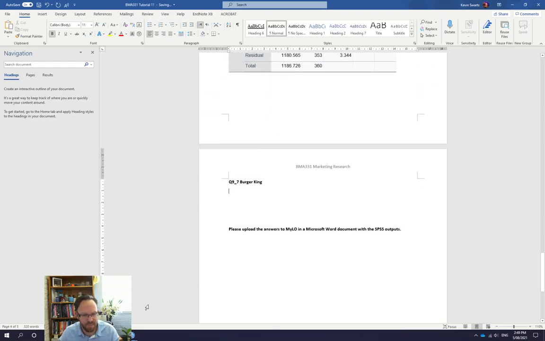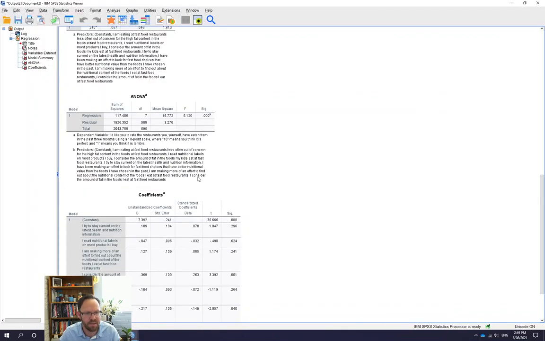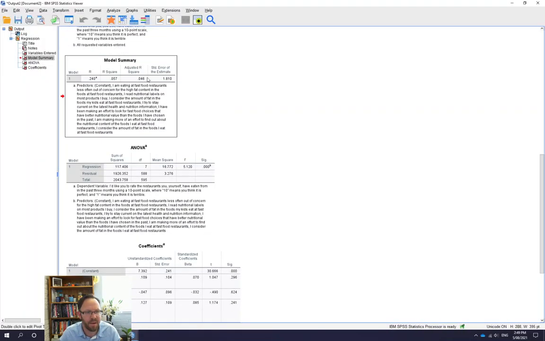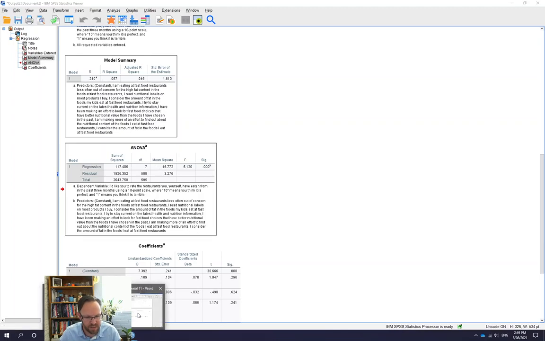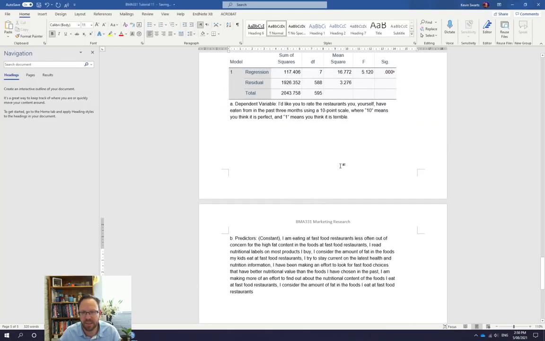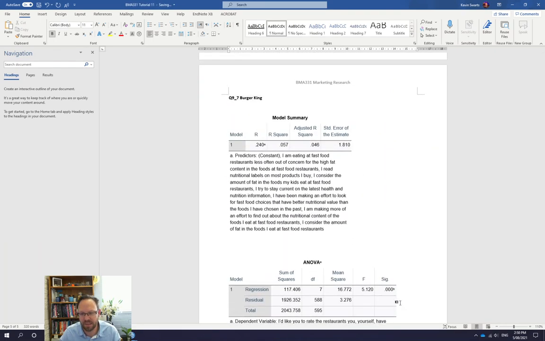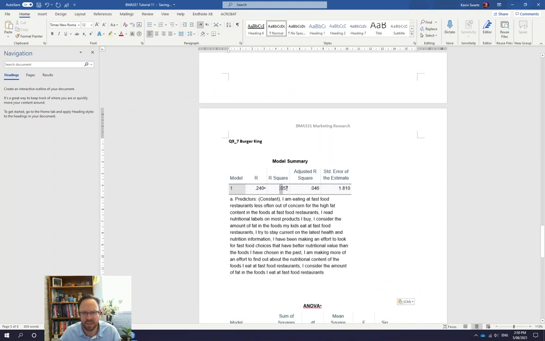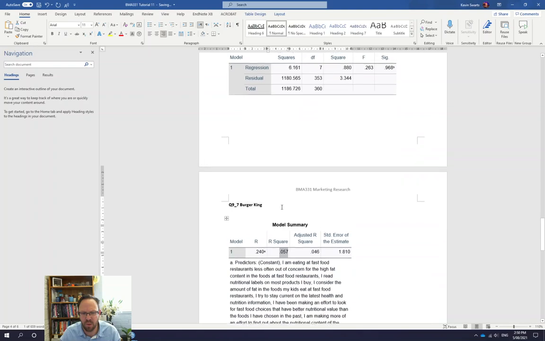Whereas for Burger King, when we look at our output, we can copy this into here, and we can say it's significant. Our F statistic shows that it's significant, and our R squared is 0.057, which is actually quite low.